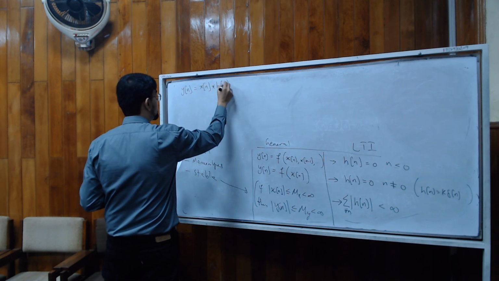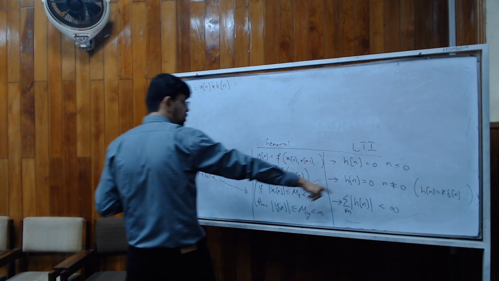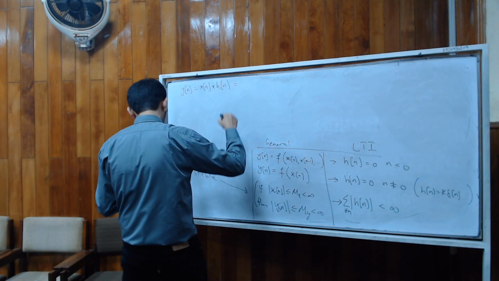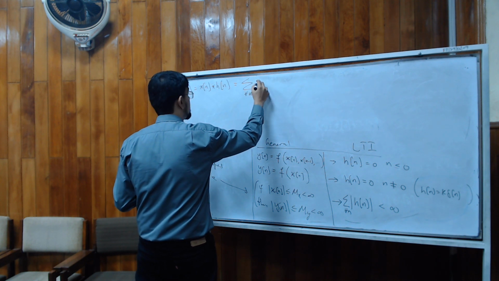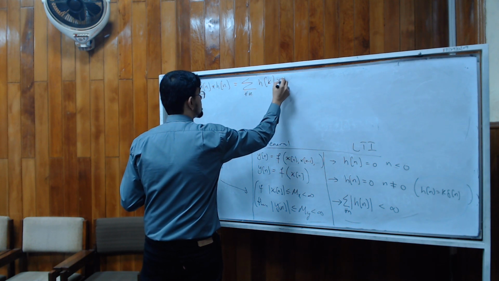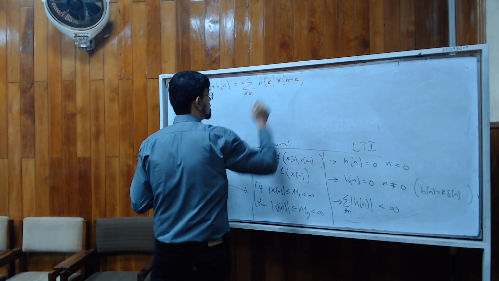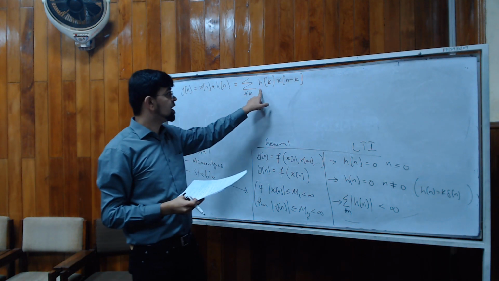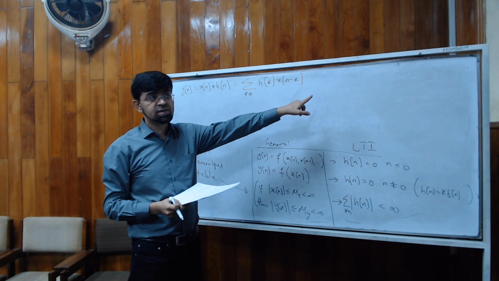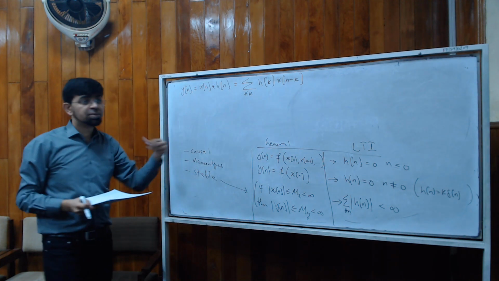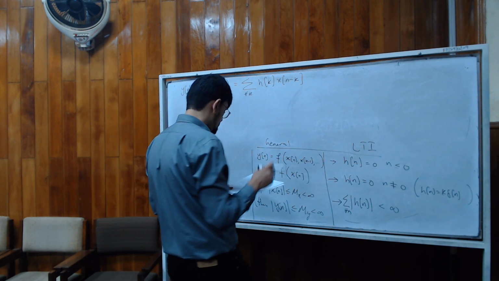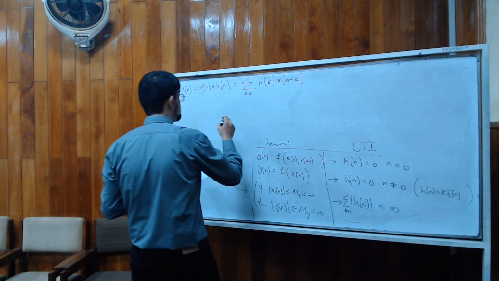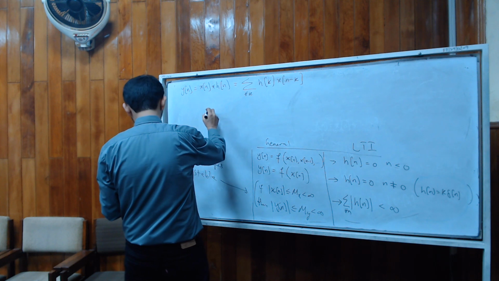I will write it in a way that will help us understand where these are coming from. So this is the summation over k of h[k] x[n-k]. That's one way. The other way is to say x[k] times h[n-k], because convolution is commutative, both lead to the same result. But here this one is more instructive, so we'll write it like that.